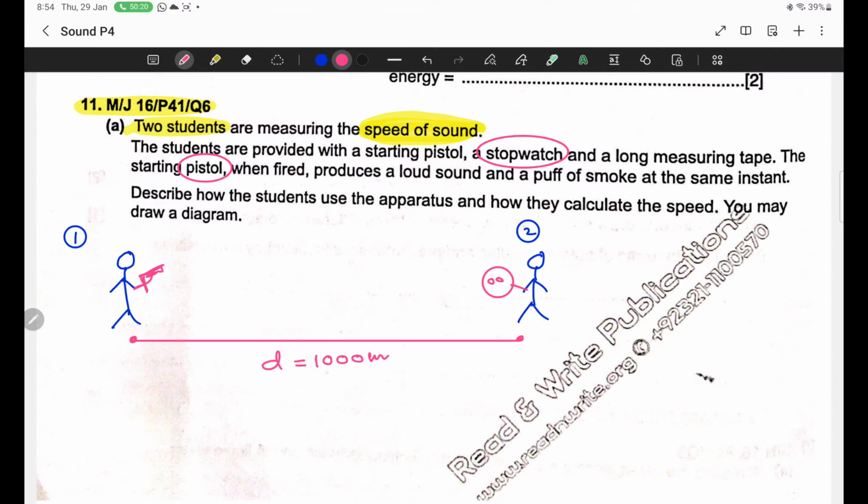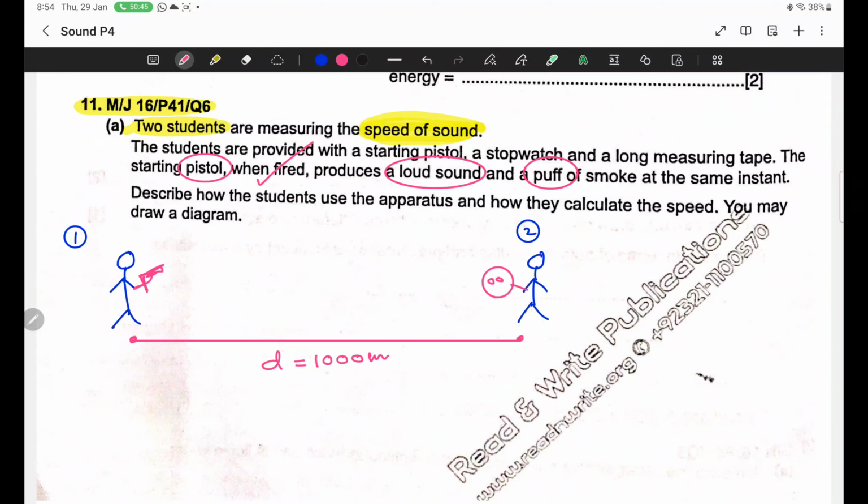They are standing at a distance of 1000 meter. The first student fires, and obviously when he fires, a loud sound is produced as well as a spark or a puff of smoke at the same instant.